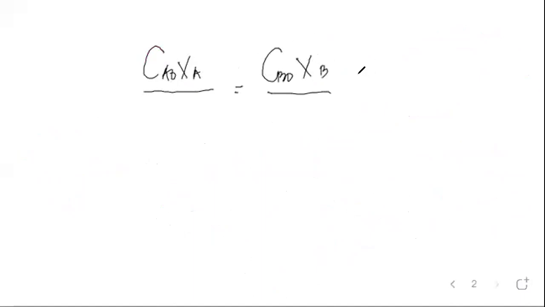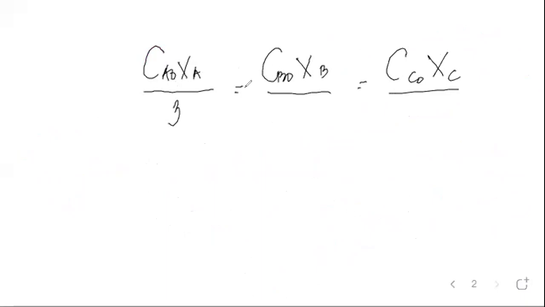If you have the relationship of the parts that were converted, you have CaO XA divided by a number, CBO XB divided by a number, and CCO XC divided by a number. What do you think will be that number? That number will be the coefficients of A, B, and C in the chemical reaction.